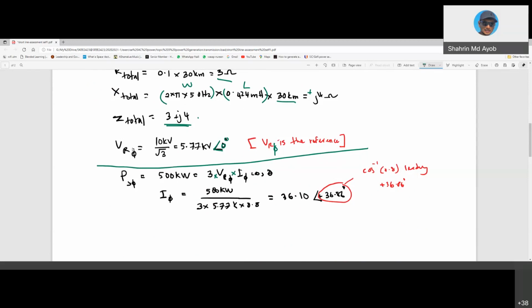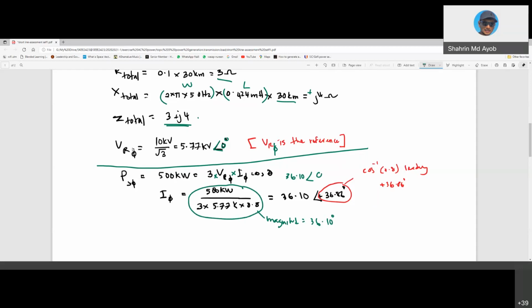After you calculate it, you will obtain 36.10. From here you obtain the magnitude only, which is 36.10. How about the angle? How do I decide the value of the angle?